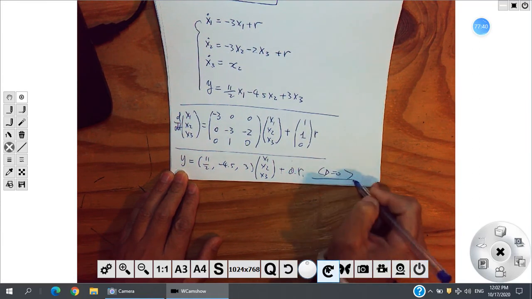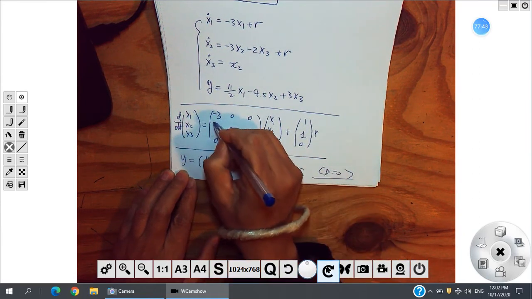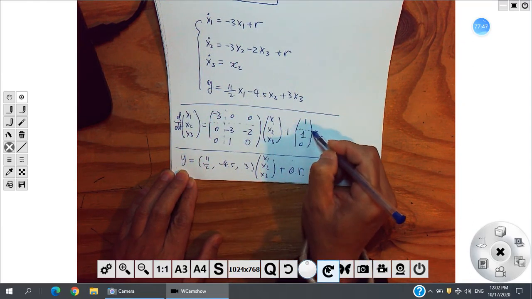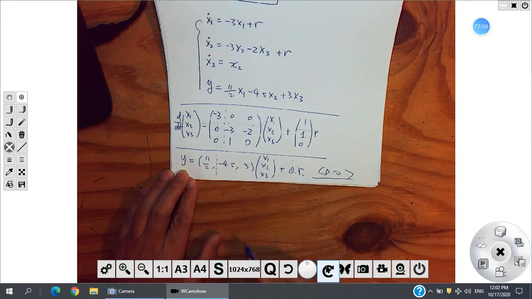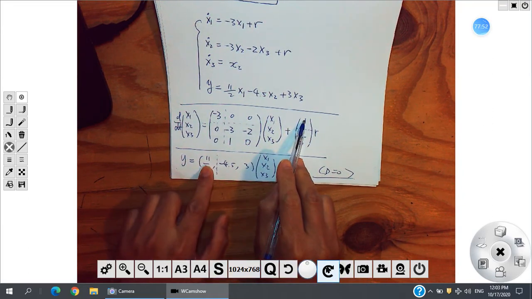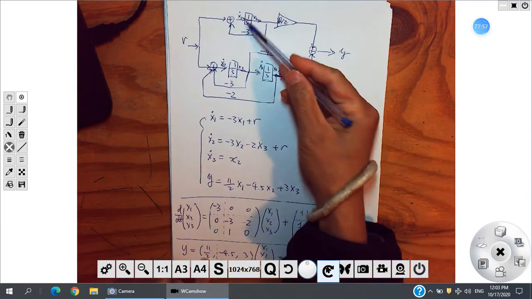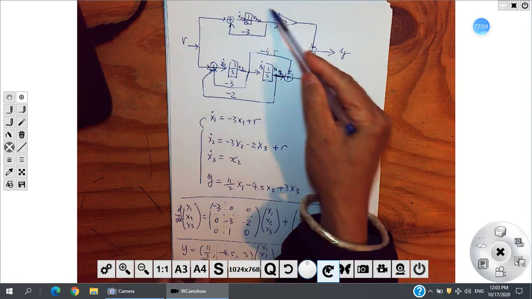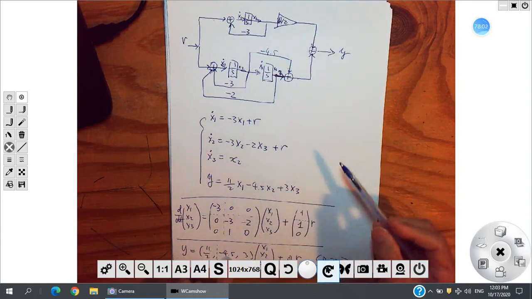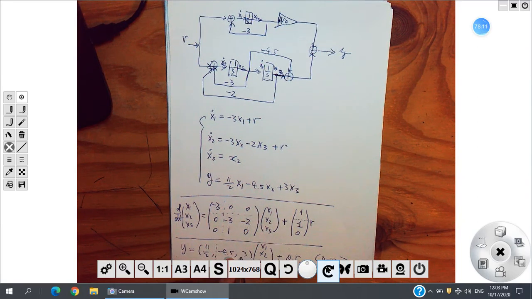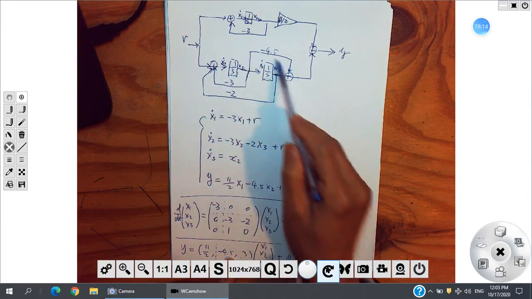You see, this time you separated the system into two parts like this. The first one, x1, is related with this subsystem, and x2, x3 are related with this part, another subsystem.